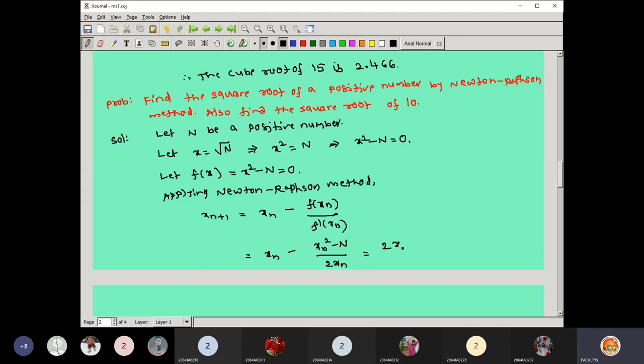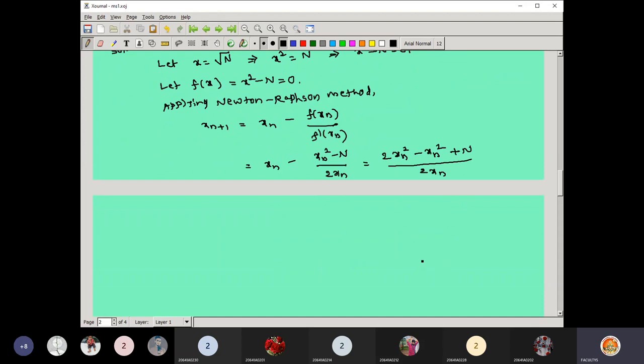I can write it as (2xn square minus xn square plus capital N) overall divided by 2xn. The final simplification is (xn square plus capital N) divided by 2xn. This is the derived formula by Newton-Raphson method to calculate the square root of a number.